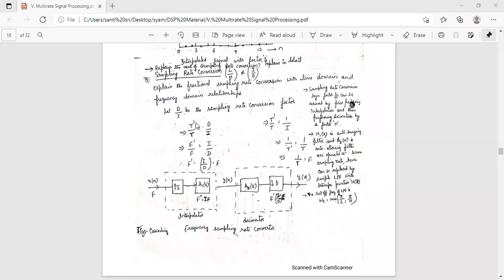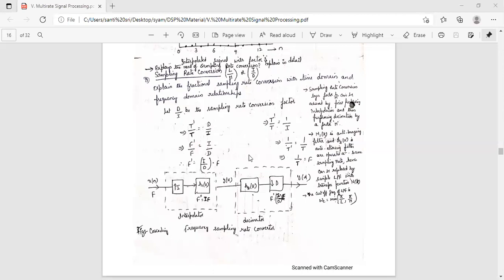That implies T dash by T equals D by I, or F dash by F equals I by D. Then F dash becomes F into I by D. Or T dash by T equals D by I, that is, 1 by T dash equals I by D times 1 by T, so 1 by T equals F.